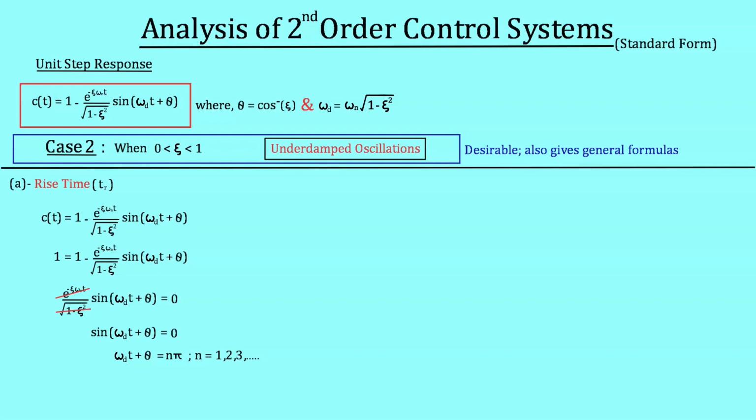But for the rise time, we have to consider the first value of time when the output response reaches the final steady state value, which is 1. And that is the only time which you can say is the rise time. That's why in this expression we have to put the value of n equal to 1 to find the value of rise time. Finally, the rise time will come out to be equal to pi minus theta divided by damped frequency omega d.